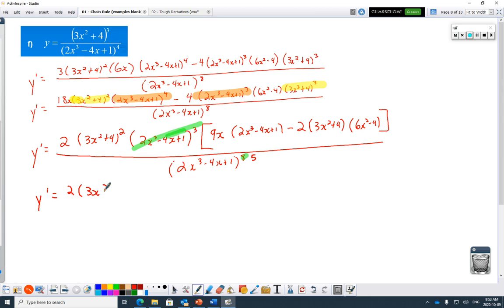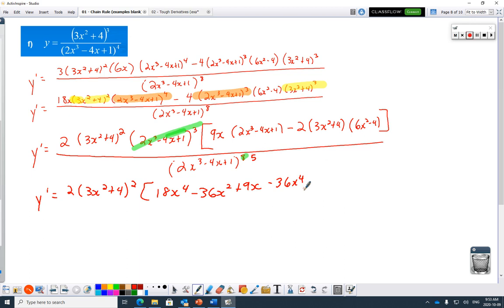on the page. Warning, I'm trying to do this in 2 steps to fit on the page. Any of these expansions you'll probably want to do in 3 steps. So what do I get? 3x squared times 6x squared is 18x to the 4th, times negative 2 is negative 36x to the 4th.